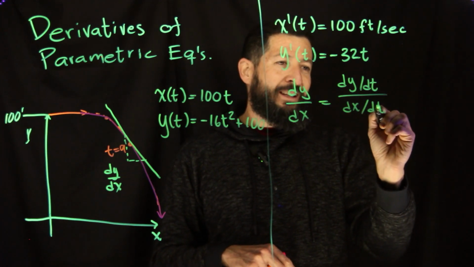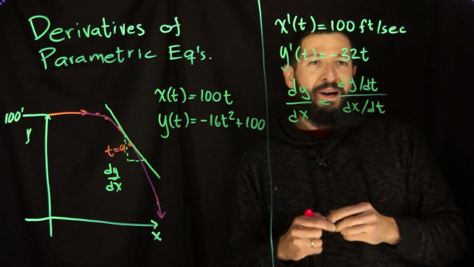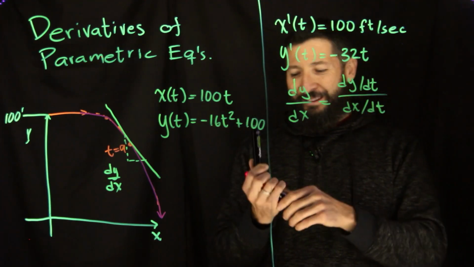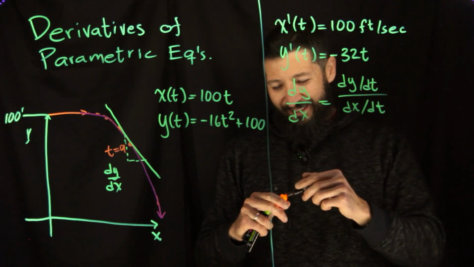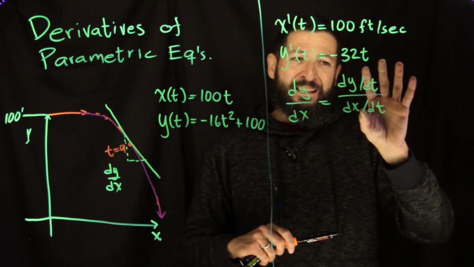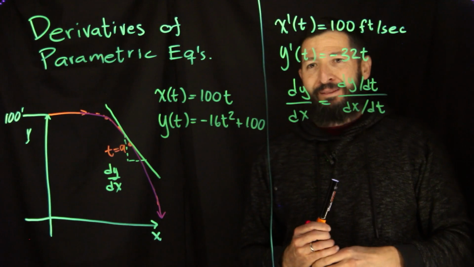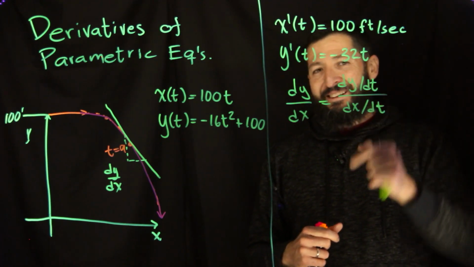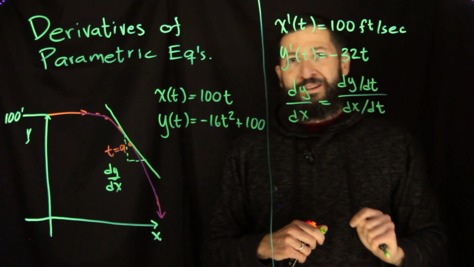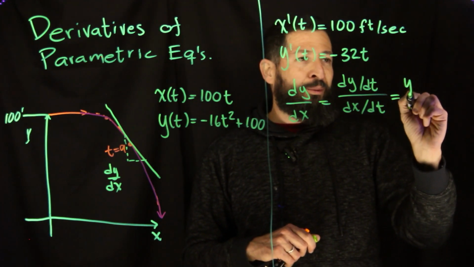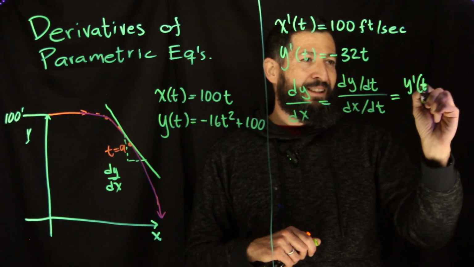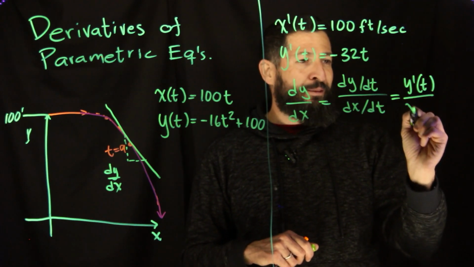Again, remember that if you were able to cancel the dt, so to speak, this would cancel with this. It will allow you to remember the formula, because if you cancel the dt, that gives you just dy by dx, and that derivative you write as y prime of t over x prime of t.